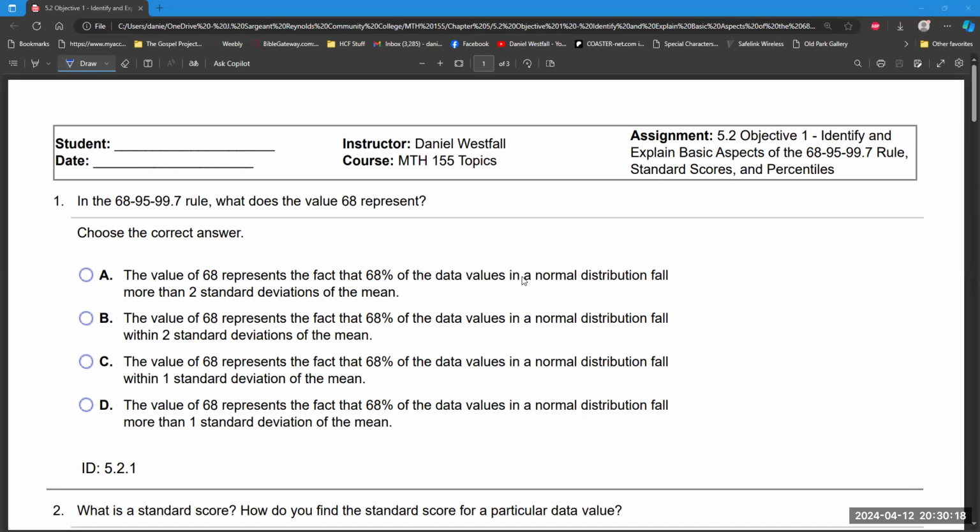In the 68, 95, 99.7 rule, what does the value 68 represent? The value 68 represents the fact that 68% of the data values in a normal distribution fall within one standard deviation of the mean.